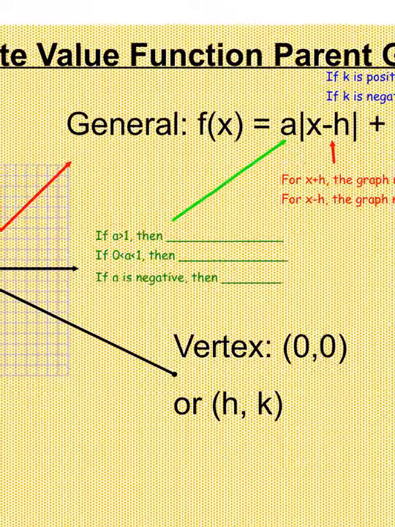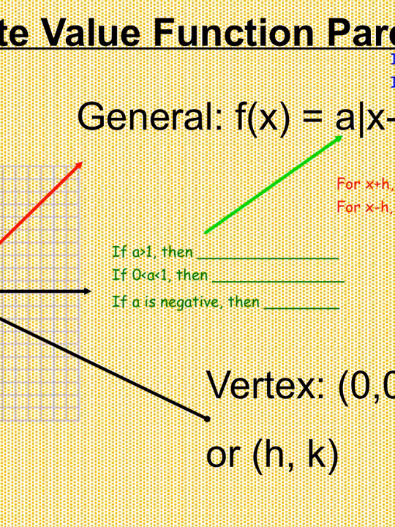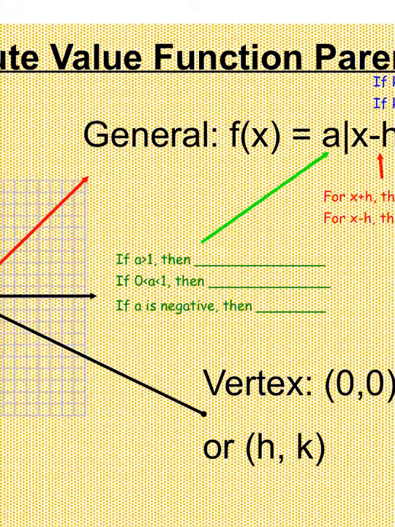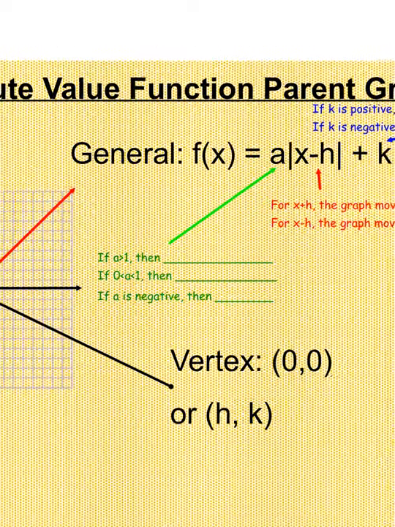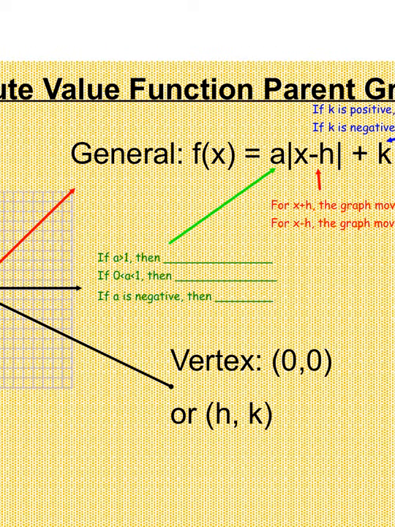So let's start with a. That number out in front, if we have f of x equals a times absolute value of x minus h plus k, if that number out in front is bigger than 1, then it is a vertical stretch by a.